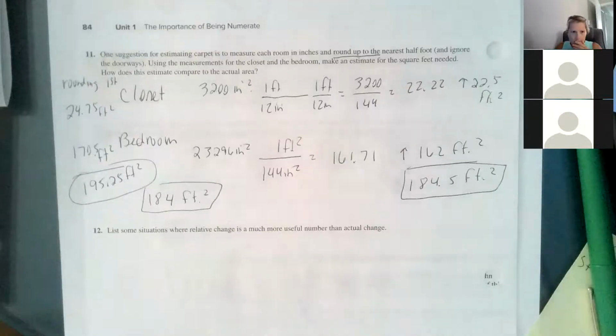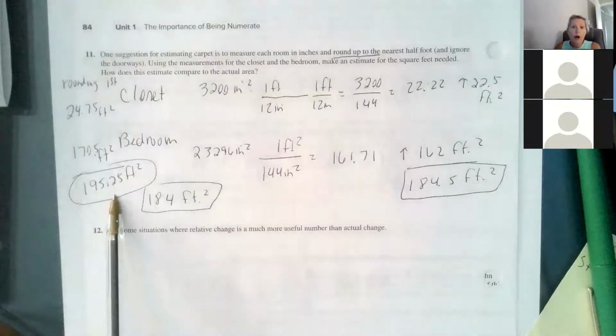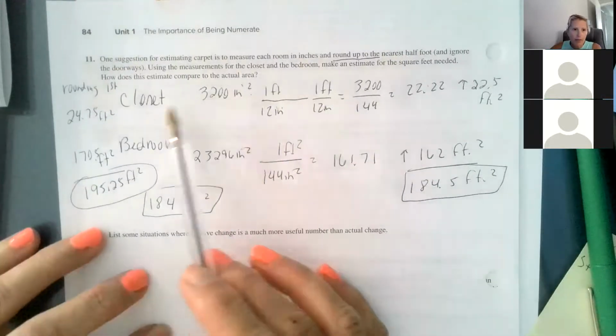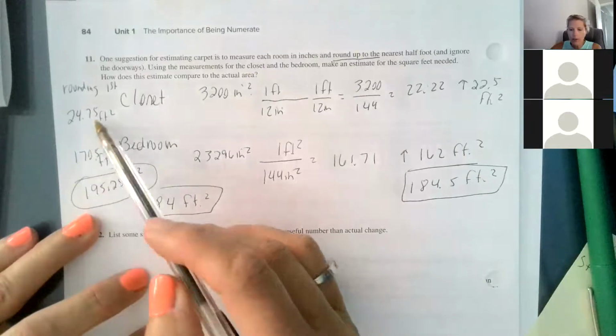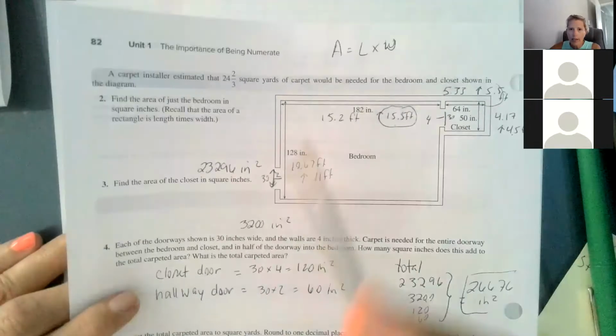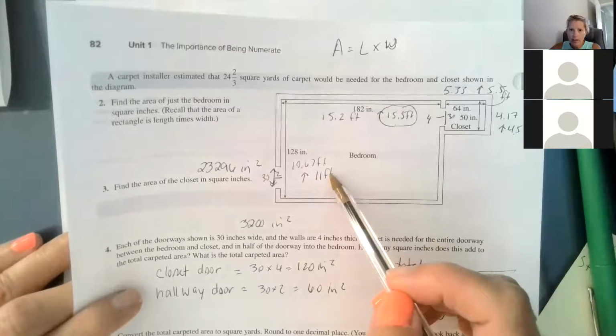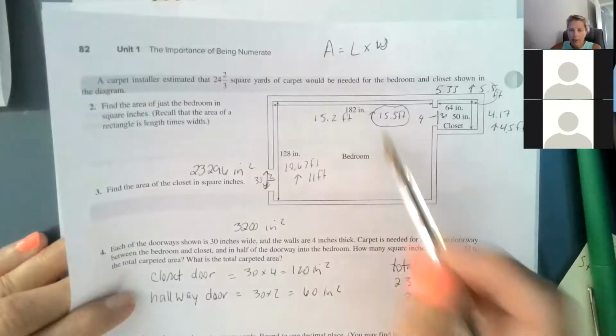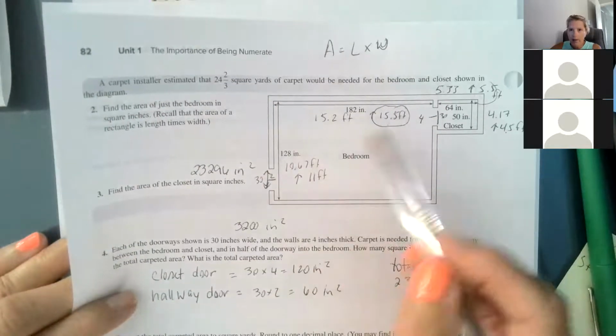Wait, so on the previous question, number 11, was 195? I just have a question on the previous question. So number 11 was 195.25 feet. Was that for the actual or was that the estimated? Well, these are all estimated, because the 195.25 is if you turn your inches into feet and round up to the nearest half foot and then do your length times width.